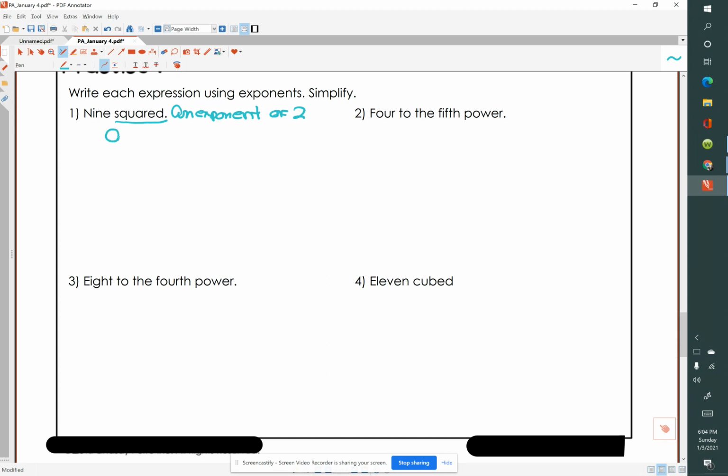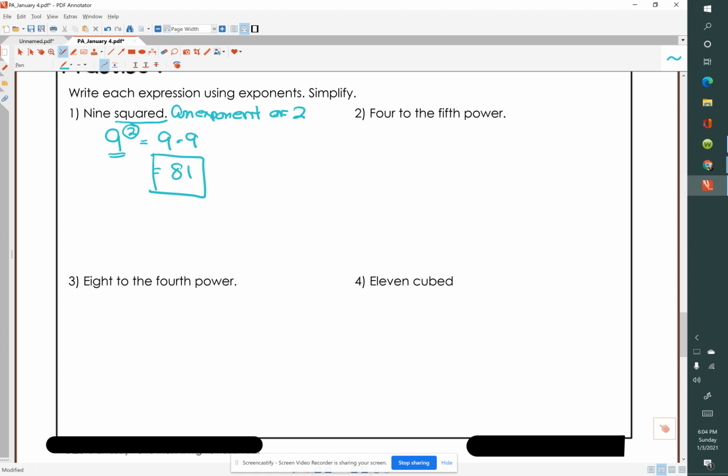So that would be 9 squared, and that equals 9 times 9, and 9 times 9 equals 81. So the base is 9, the exponent is 2. The base is multiplied by itself 2 times. When we evaluate that, we get 81.